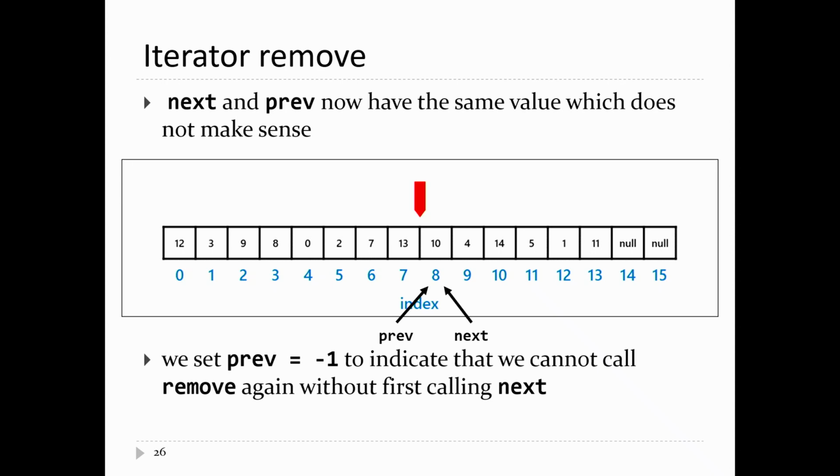You're only allowed to call it once every time you call next. So I'm going to set previous to -1 in this case. We're going to make previous point all the way to the front of the list again to indicate that we can't call remove again. So we're going to invalidate previous, and that will be our indicator that we can't safely call remove again.